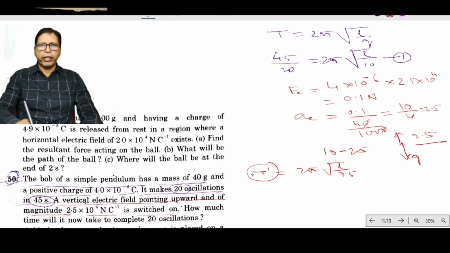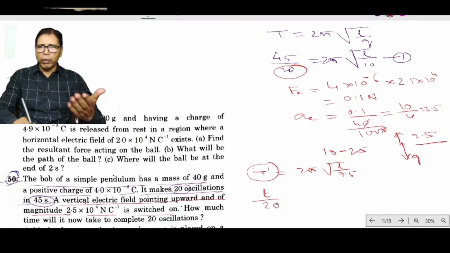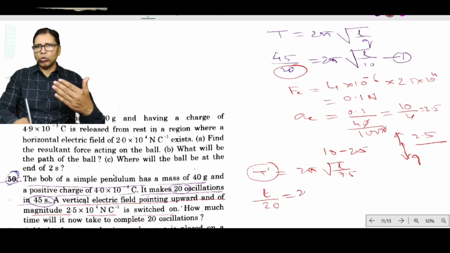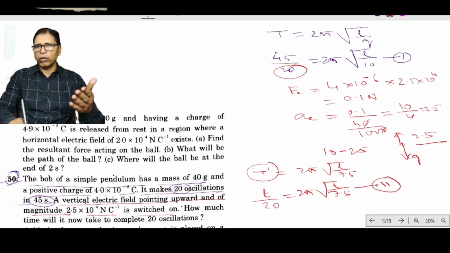Now we have to calculate the time required to complete 20 oscillations. Suppose small t is the time required to complete 20 oscillations. So the time period is t by 20. This equals 2 pi root under L by 7.5. This is equation number 2.